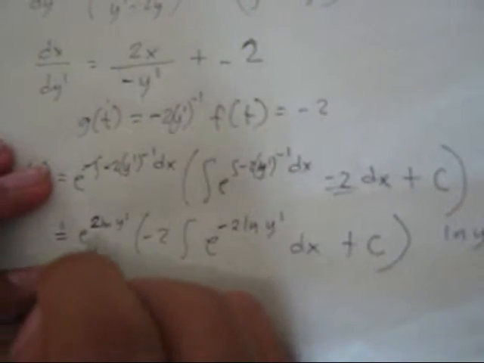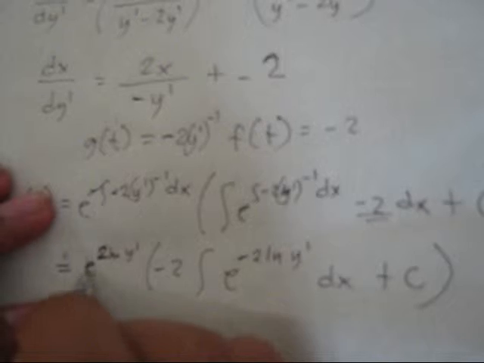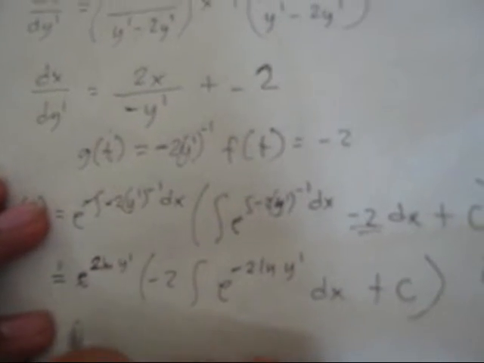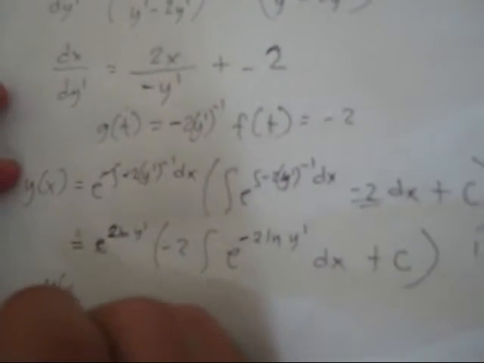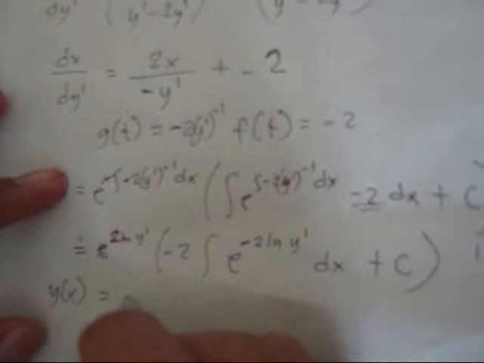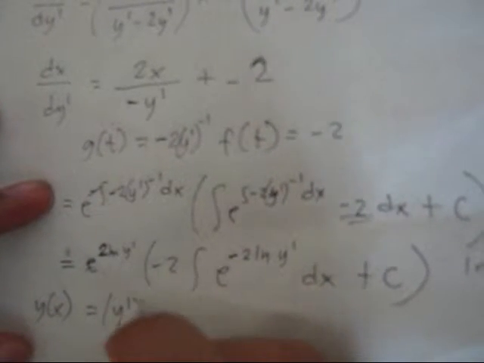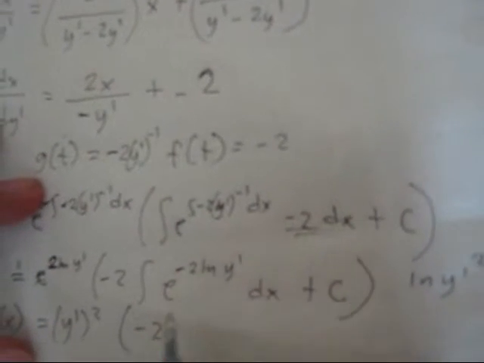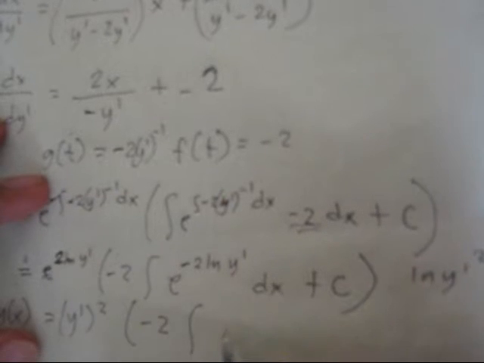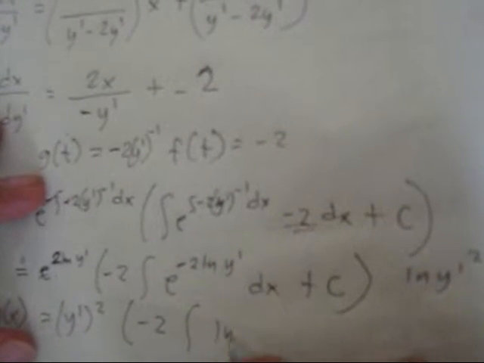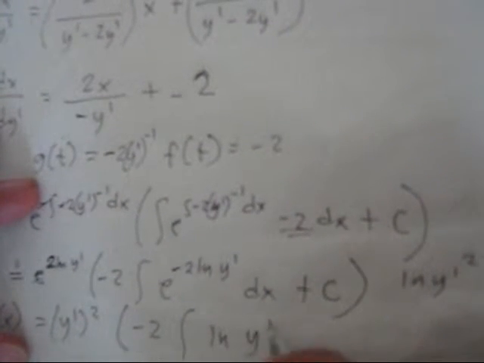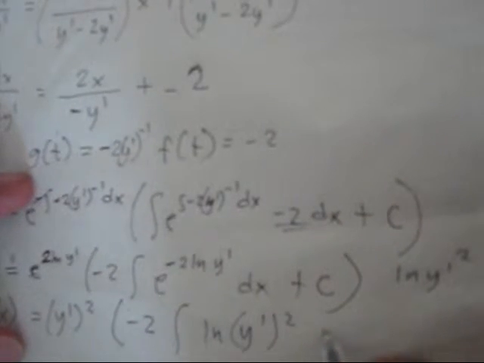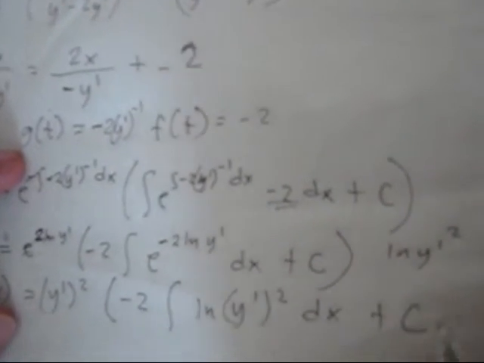So since this is e raised to the ln, the ln will be brought down. So y of x is just equal to y prime raised to 2 times negative 2, here just the same, integral of ln y prime raised to 2 dx plus c.